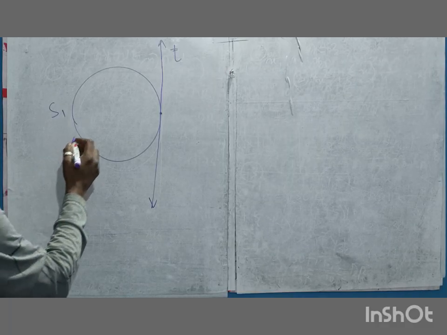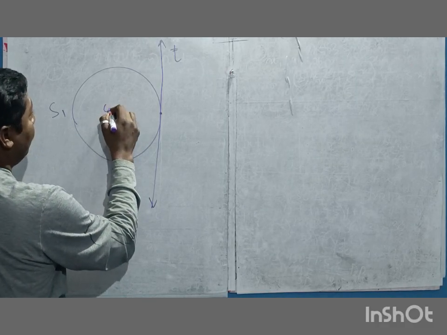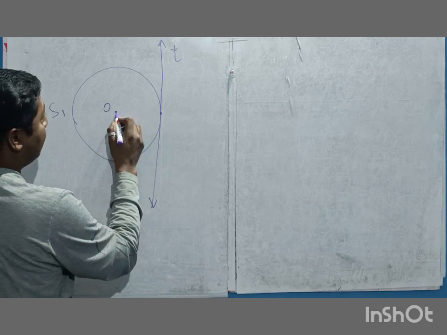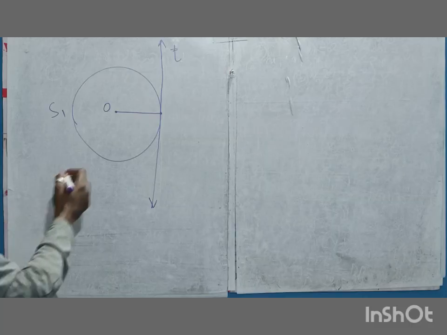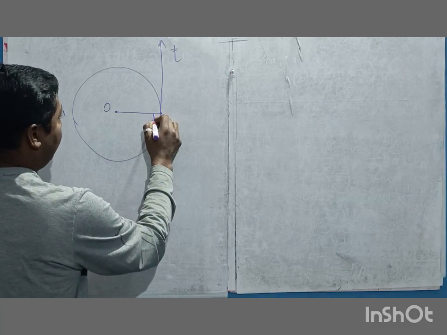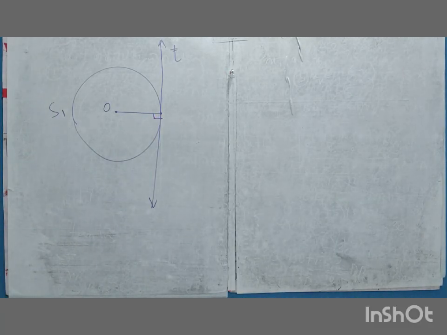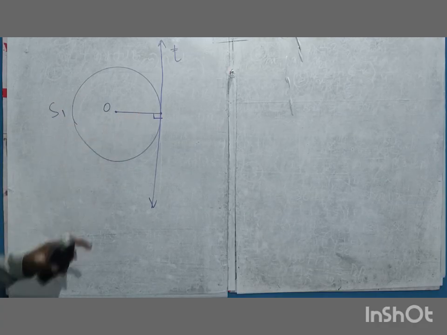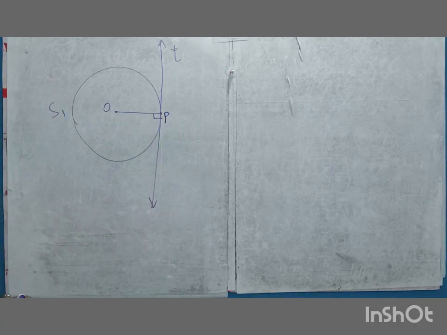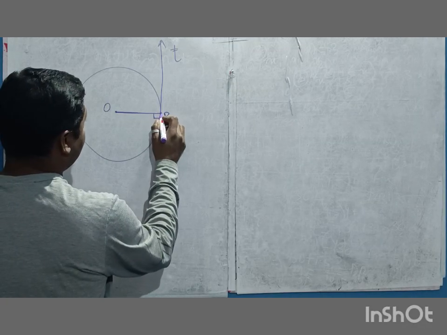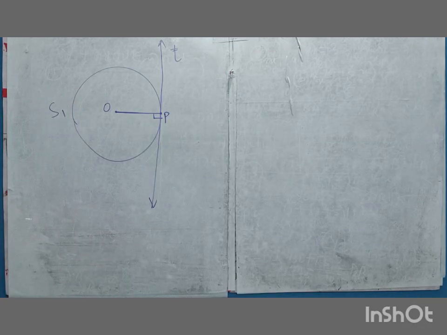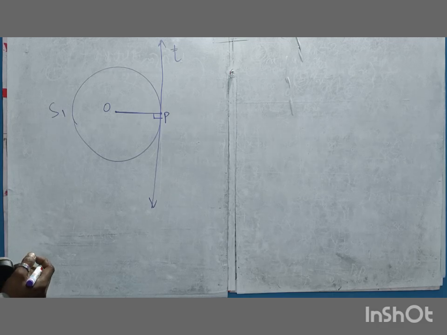Suppose this is the center O and this is the point of contact P. You have to prove OP is perpendicular to the tangent. OP is the radius.